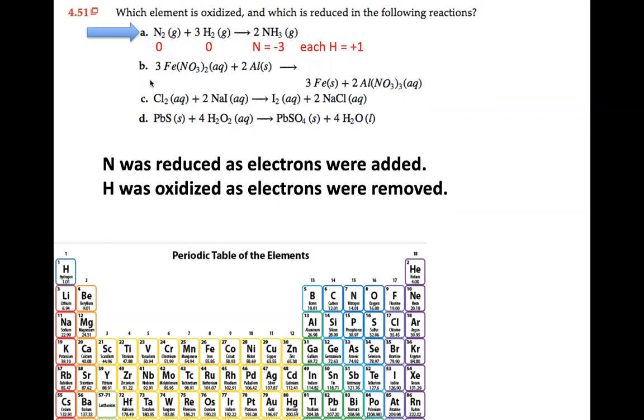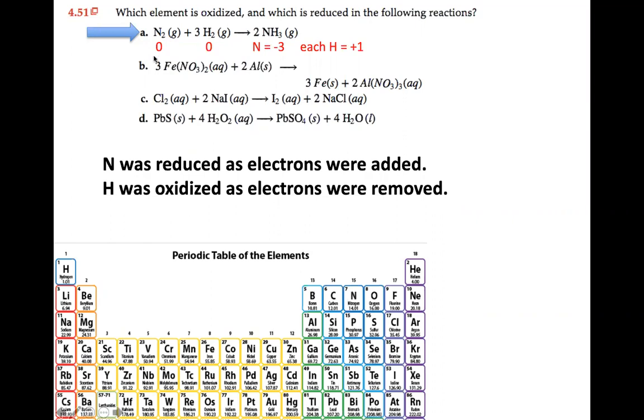Now I have a change. They started out as 0 in both cases, but the nitrogen has become -3, and each of the hydrogens have become +1. The nitrogen was reduced. I added electrons to go from 0 to -3. The hydrogen was oxidized. I removed electrons and they became more positive.